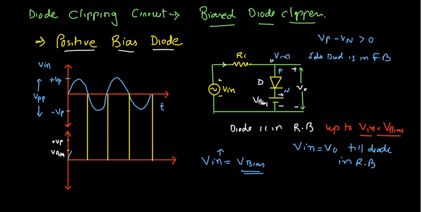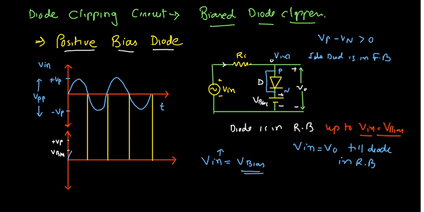So what will happen? This diode will be directly connected over here. At this point in the waveform, this diode is going to get forward bias. That means it will act as a short circuit. Forward bias means the diode will act as a short circuit.